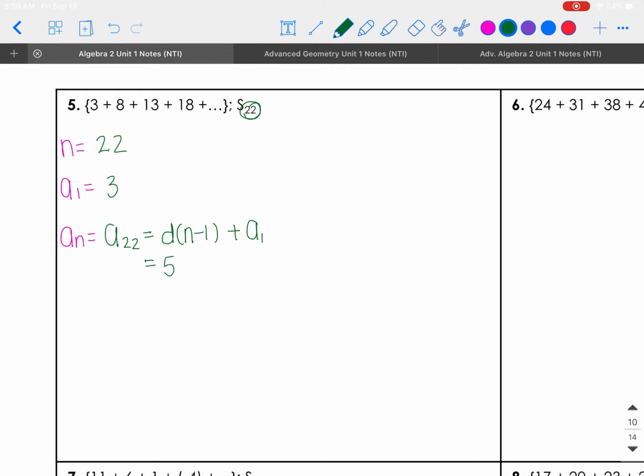It's 5 because I'm adding 5 every time. N is 22. And my first term is 3. So when I type that in my calculator, I get 108.